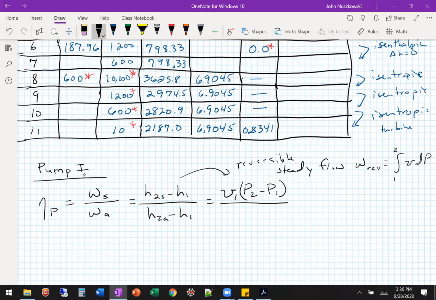And take the specific volume out of the integral because it's incompressible. Assume it's incompressible. We can't do this for the turbine because the specific volume is changing, right? But we can do it for the pump. So we do that, take it out, we have V delta P, right?